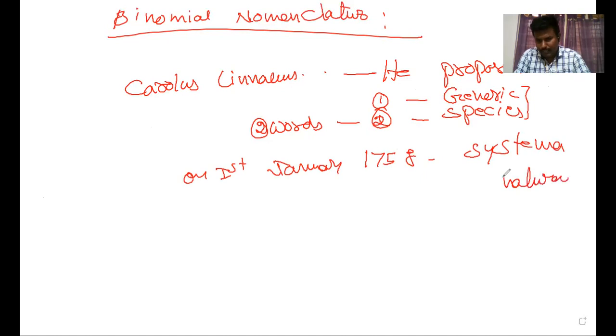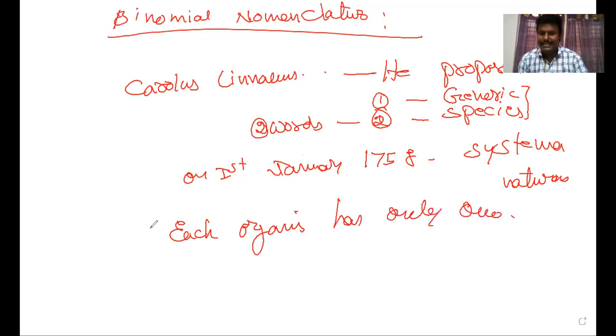Giving scientific names to living organisms ensures that each organism has only one name throughout the world. It can avoid the confusion in identifying living organisms in different languages.